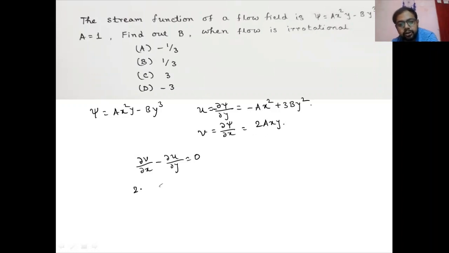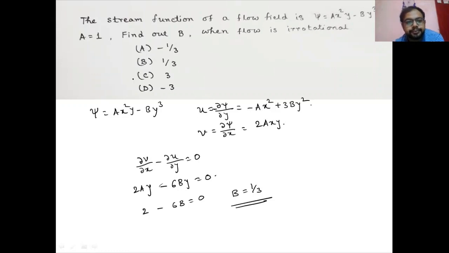So dv dx means 2ay, and du dy is 6by. a is given as 1, so y will be cancelled out. 2 minus 6b is equal to 0. So b is equal to 1 by 3. So the same type of problem is repeating in this manner.